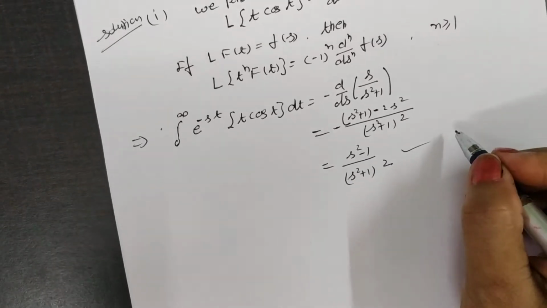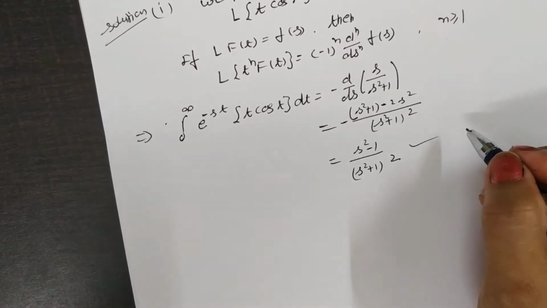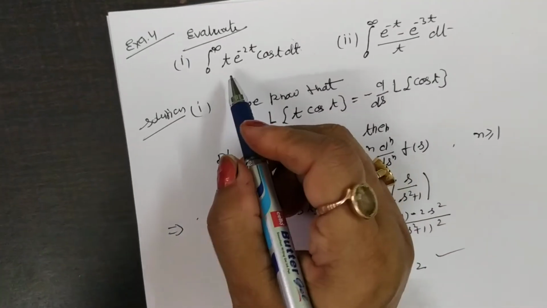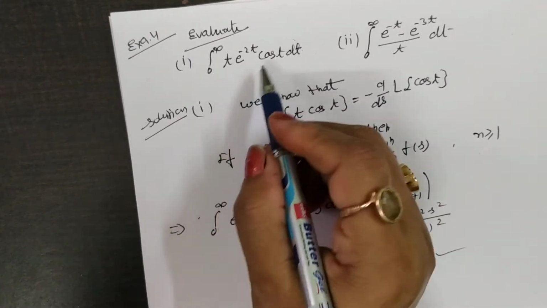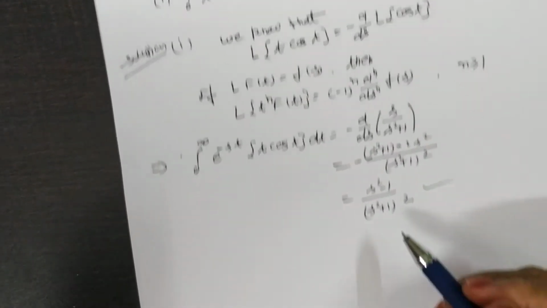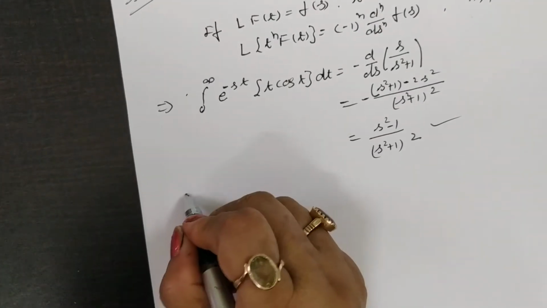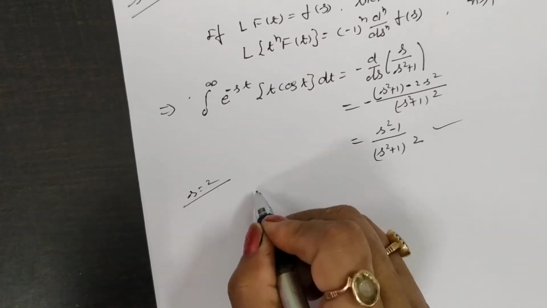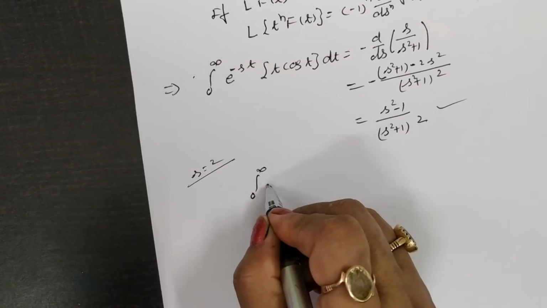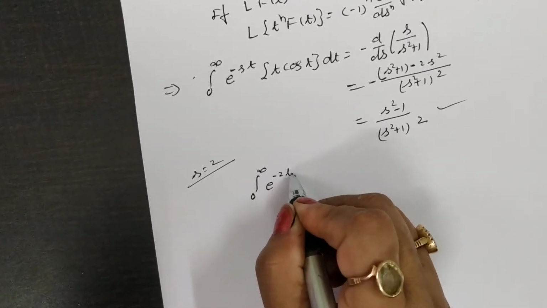Clear? Now in your question, s is 2, since e to the power minus st becomes e to the power minus 2t.